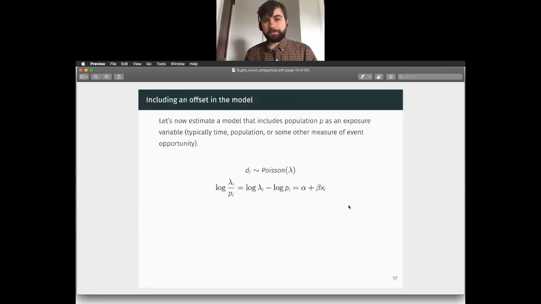So here's how it works. Let's estimate a model that includes population P as an exposure variable. Again, this could be anything. It could be time, population, or any other measure of event opportunity. Think of this as the opportunity for the event to occur. Obviously, if we're talking about police deaths, the opportunity is the population size.